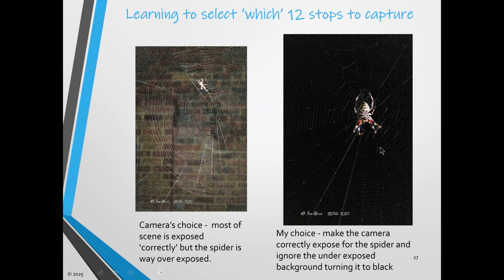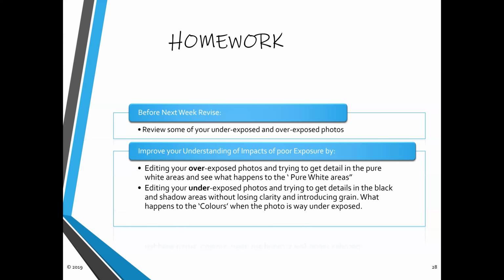This is me saying, you know what, I'm going to expose for that spider and I want my background to go as dark as it likes to go, because I know that web and that spider, if I control my camera, I can get it perfectly exposed, and I like that pure black background. So that's what I want, and that allows you, for all of those photographs that you never get what you want, to actually get what you want.